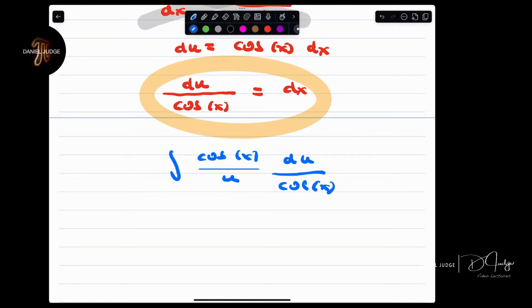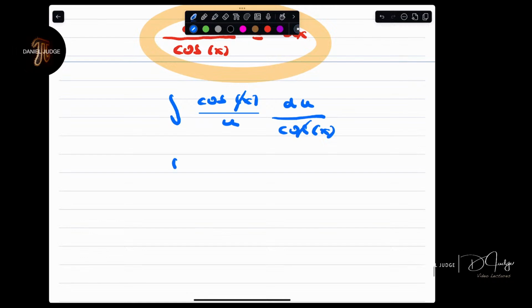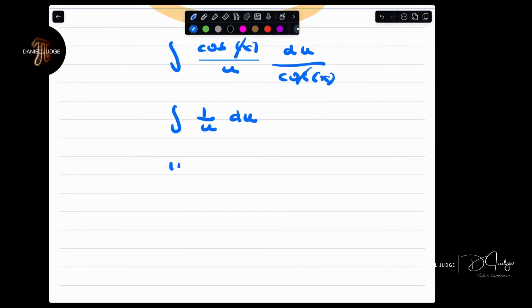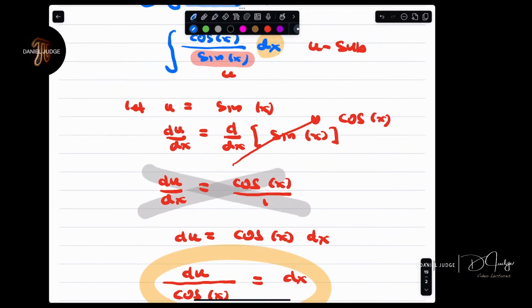Remember, cosine cancels. And then you're going to be left again with 1 over u du. So we know what this equals, or we know what this is. This is the natural log absolute value of u plus c, which means this is the natural log of u being sine in this case now.